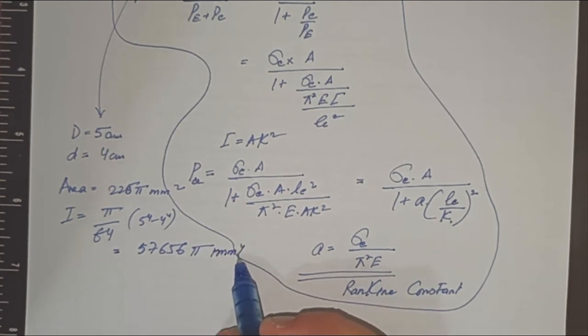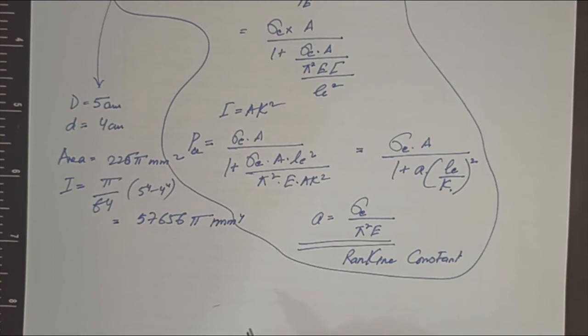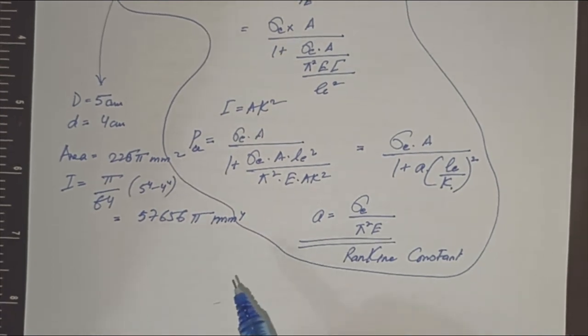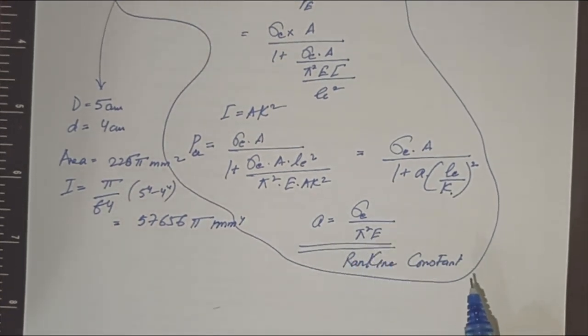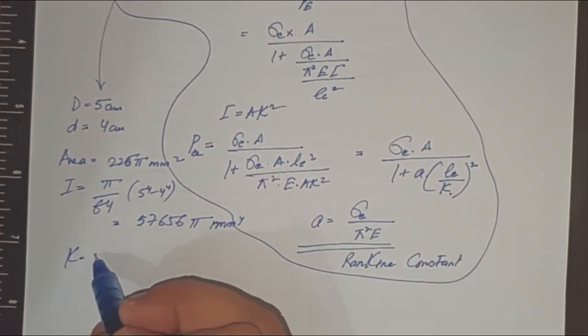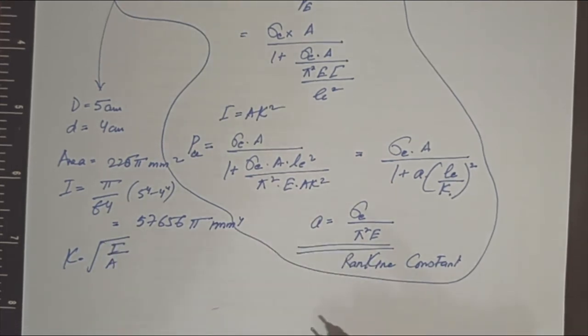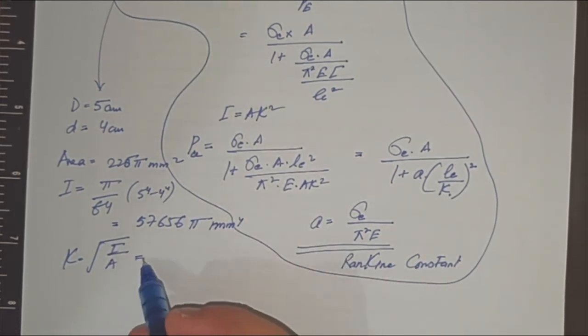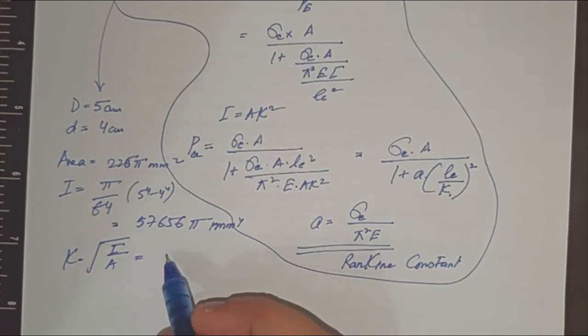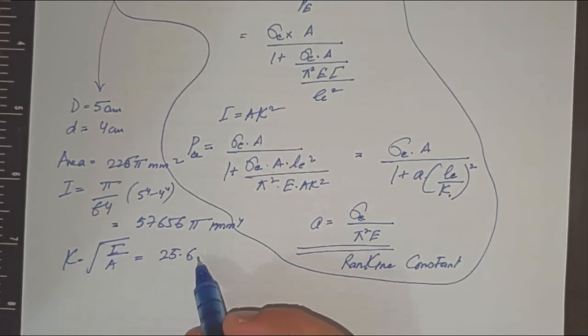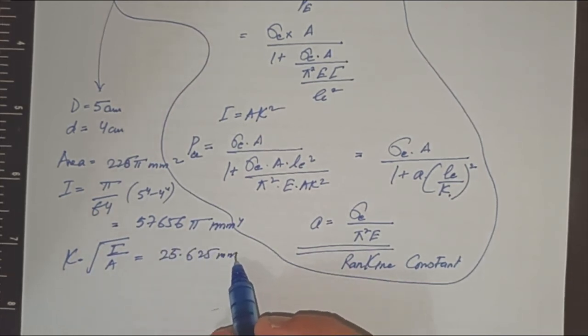We'll convert them all to mm, and since we require the radius of gyration also, k is required here, so let's calculate k, square root of I minimum. Now it's a circular cross section, so I will be the same, no minimum will be there, so this will be 25.625 mm.